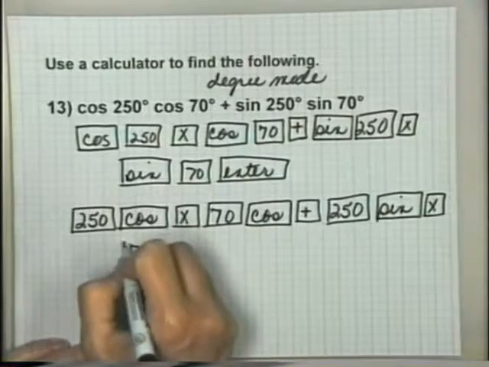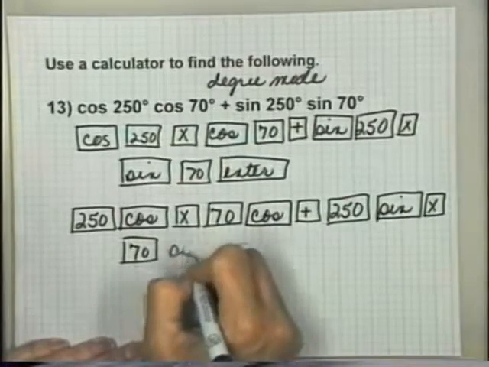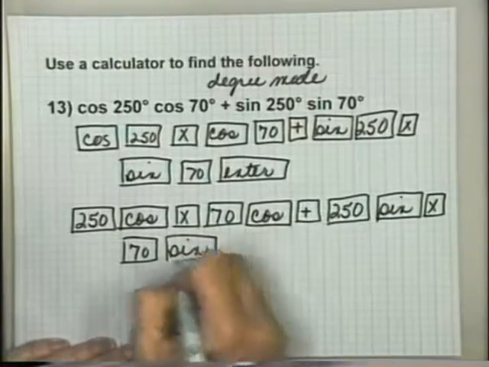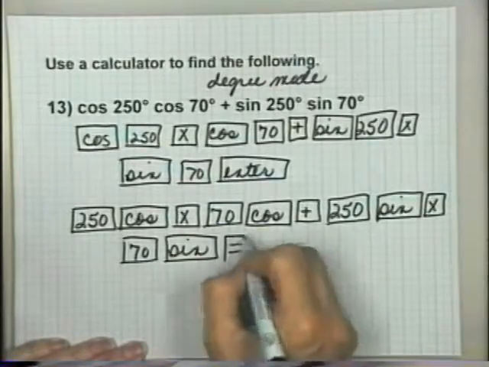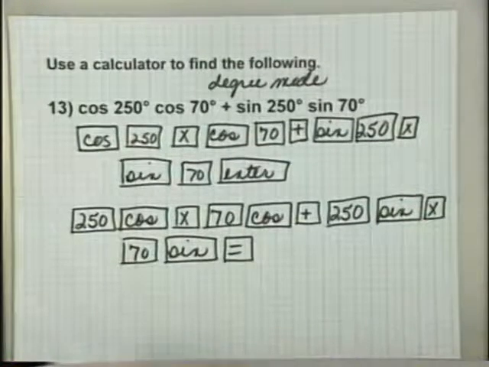We'll put our 70 first, then we'll hit our sine button, and then hit your equals.